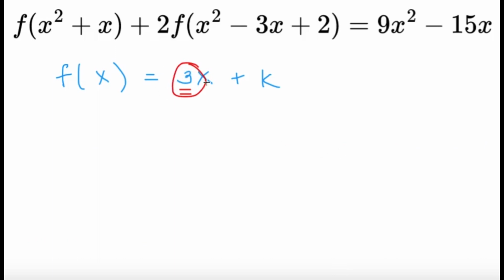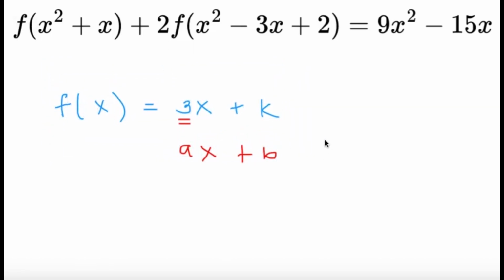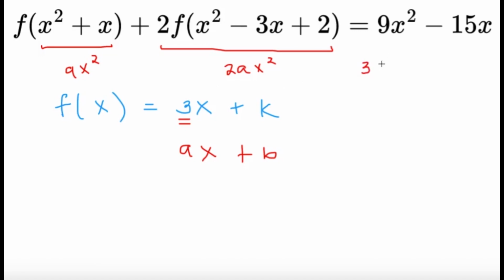The reason for this 3 is, let's say it's a general ax + b for now, and let's compare the coefficients of the x² term on both sides. f(x² + x + 2) is going to give me an ax² term, and 2f(x² − 3x + 2) is going to give me a 2ax² term, and that's equal to this 9x² term. Now ax² and 2ax² give me 3ax². So that's how we get that a might be 3.